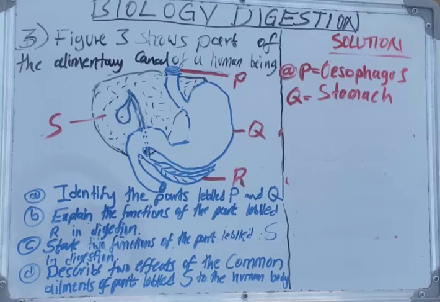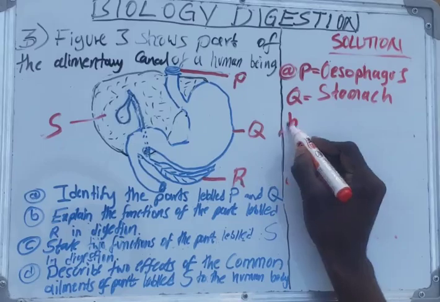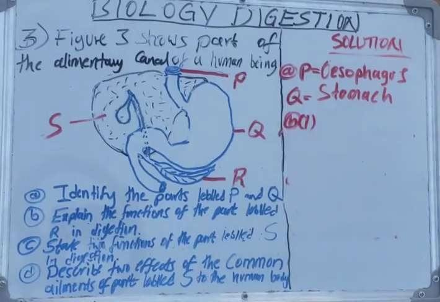The pancreas produces a juice called pancreatic juice, which has mainly three functions. Number 1, part R produces pancreatic amylase, which breaks down starch into maltose.